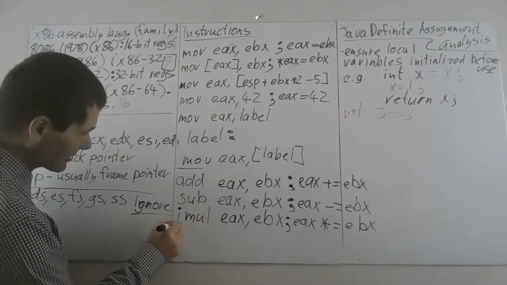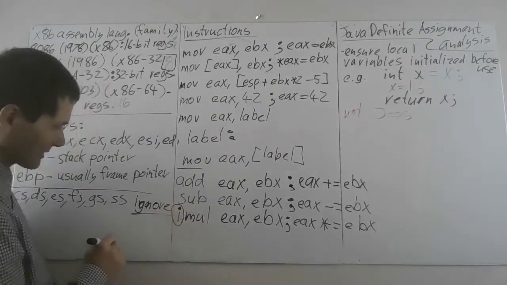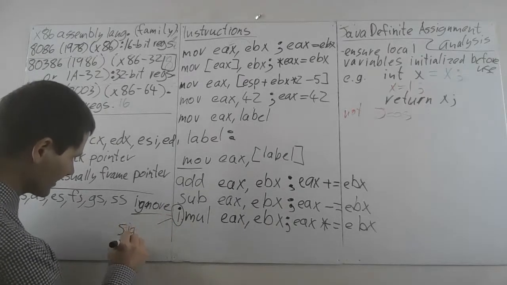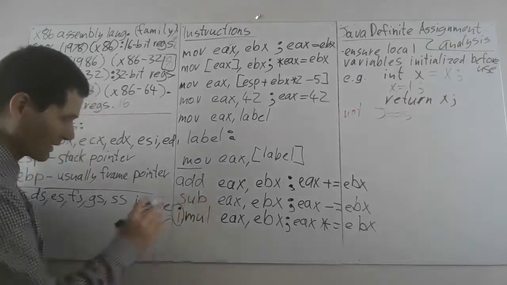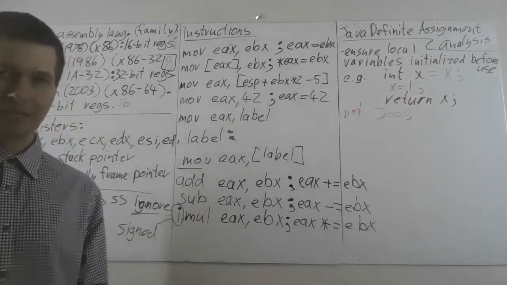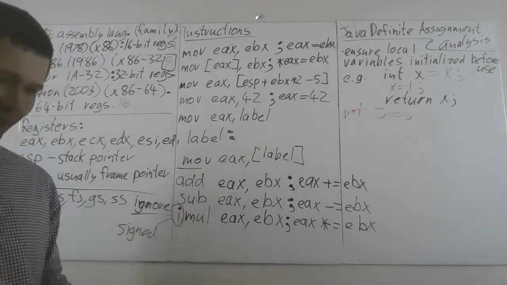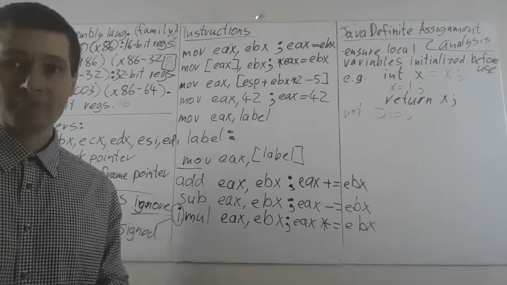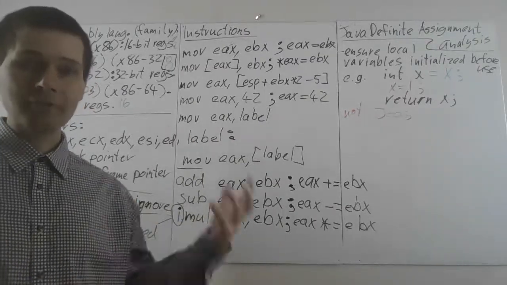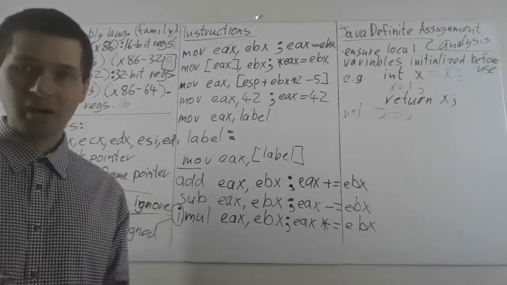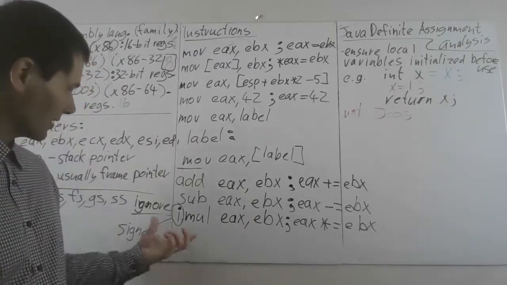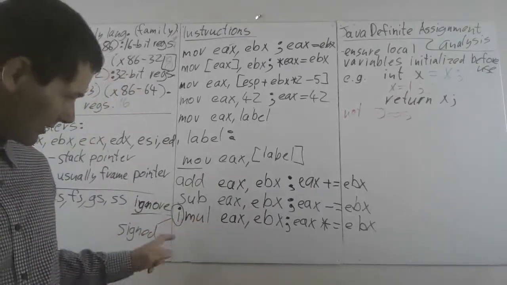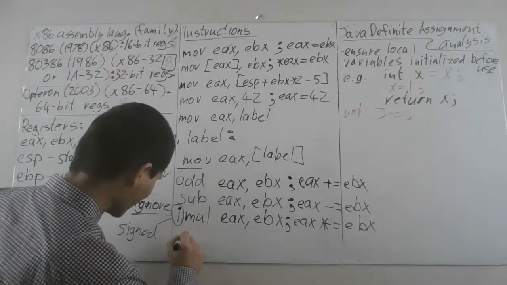The I, in general, says it's a signed operation. Without the I, you would do an unsigned multiply or an unsigned divide that we'll see next. For Java, all of your arithmetic operations are signed, and so you'll always use the imul and idiv.